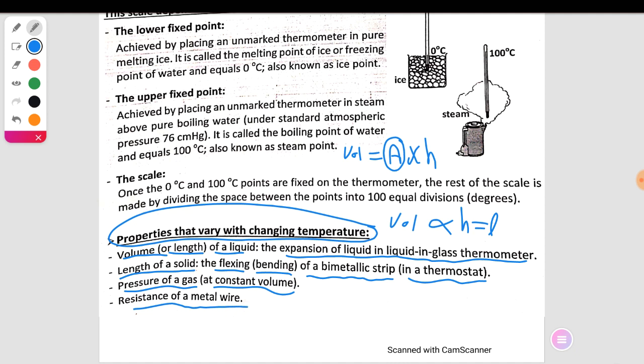There are different types of thermometers, but we now study the first type, which is called the liquid thermometer. The liquid in glass thermometer is called a liquid thermometer due to the expansion of the liquid in the capillary tube inside the thermometer. Goodbye and good luck, my students.